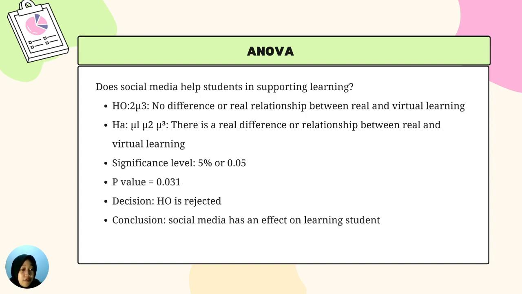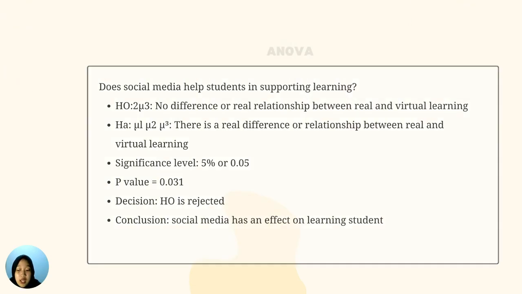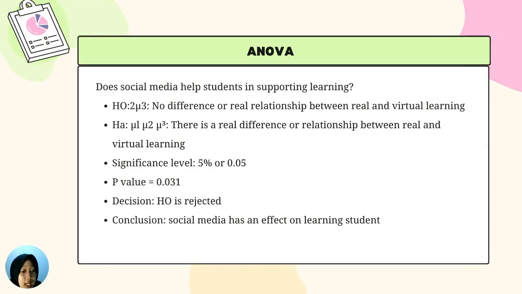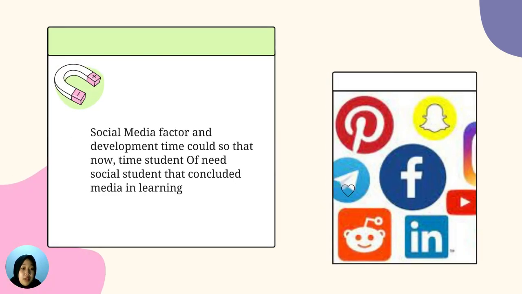The significance level is 5% or 0.05, and the p-value is 0.031, so H0 is rejected, and the conclusion is social media has an effect on student learning. Considering the social media factor and development over time, students need social media in learning.